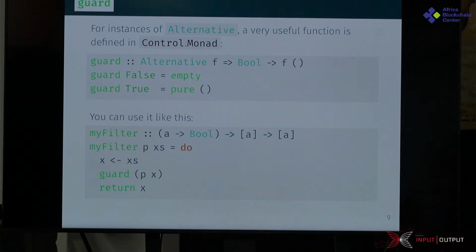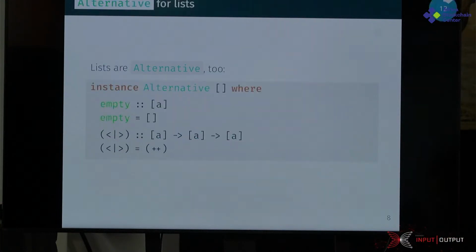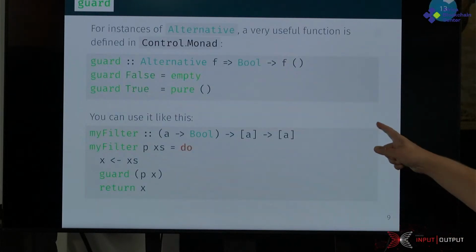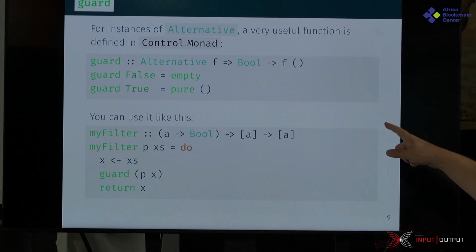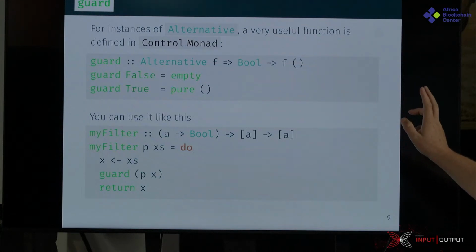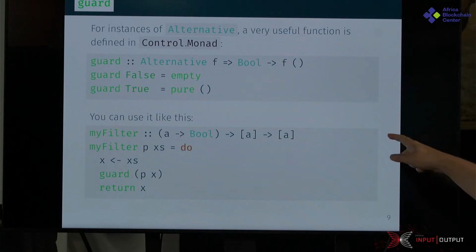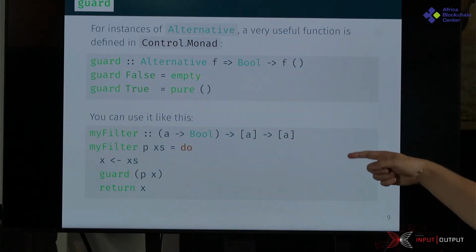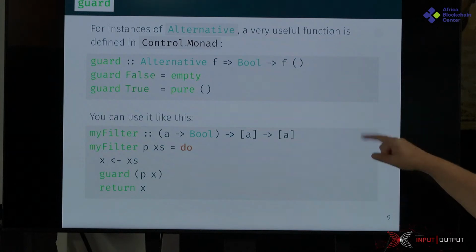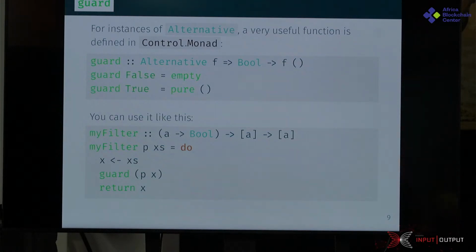There's one useful thing that you have once you have Alternative, called guard. Once you have Alternative, you have a function from Bool to f unit. For False, it's empty, which basically corresponds to failure, and for True, it's pure unit. This is exactly what I called check in my send-more-money example yesterday, which had exactly the same type.